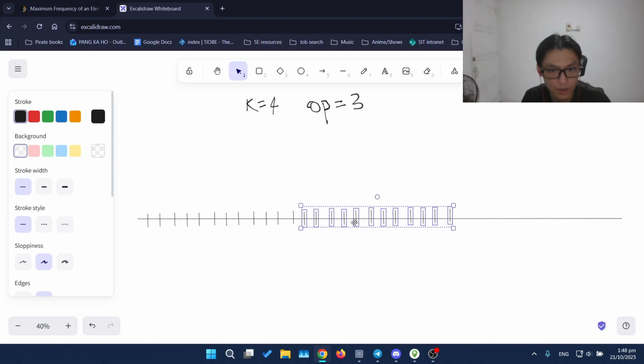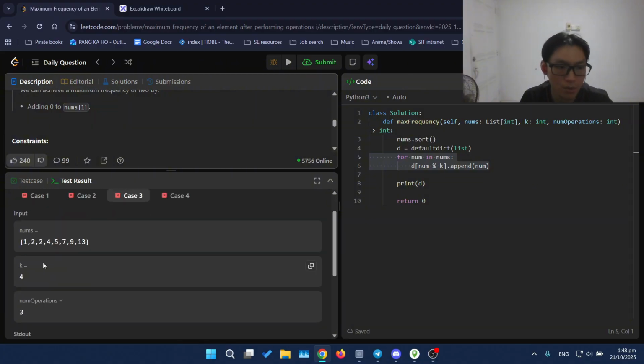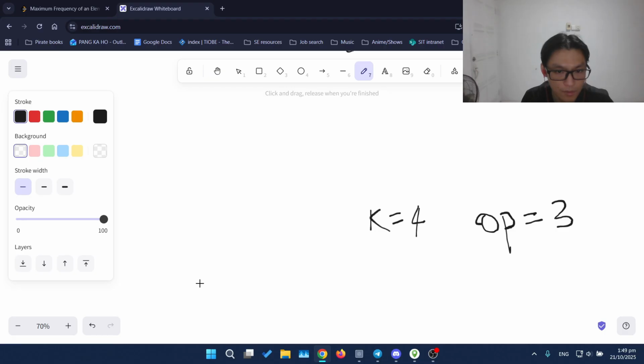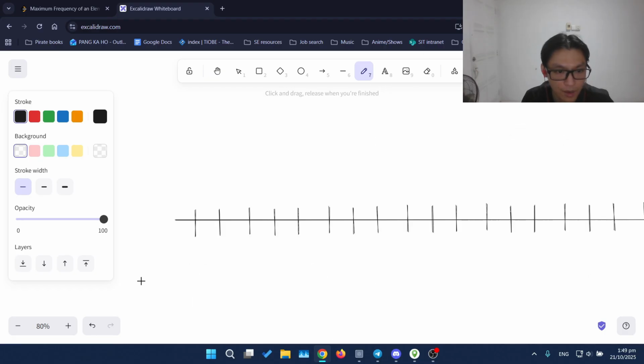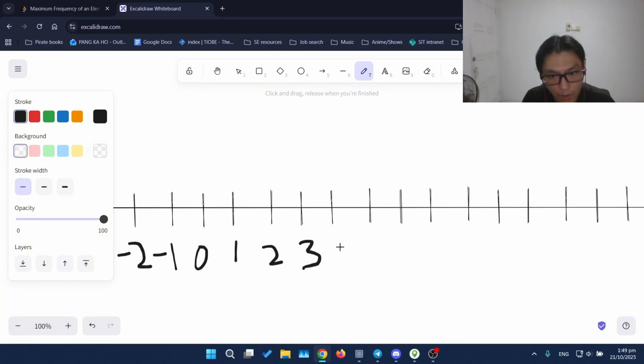Let's do one more. Okay, so 1 minus 4. This would be negative 4, negative 3. Actually, we just need negative 3, negative 2, negative 1, 0, 1, 2, 3, 4.